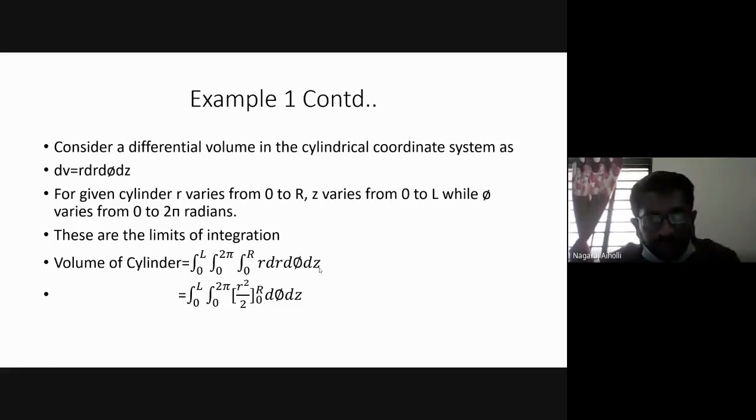You know how to find the integration, you have studied it in your mathematics. According to the integration method you are following, solve it and tell me what final answer you get for the volume of the cylinder. This is the main formula: 0 to L, 0 to 2 pi, 0 to R, R dR d phi dz. First note down this volume of cylinder formula.